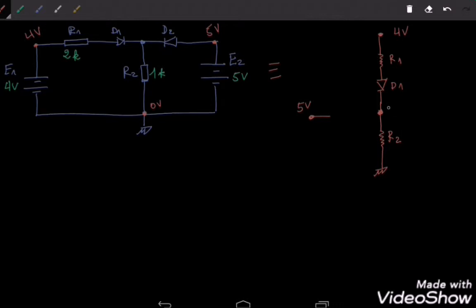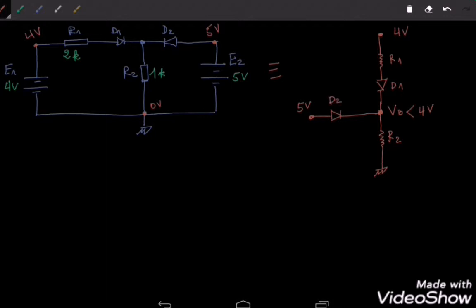In other words, the voltage in this point, let me call this point B, would be smaller than 4 volts, because the flow of current across D1 would have dropped this potential to a value smaller than 4 volts. But now I can see that this is something illogical, because, let me connect again this diode to this node.